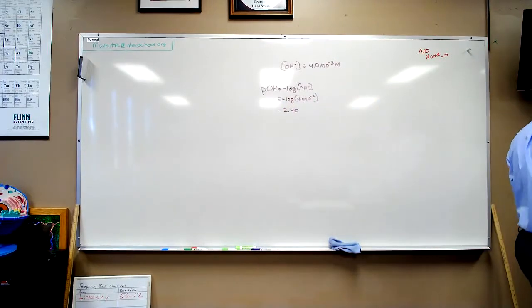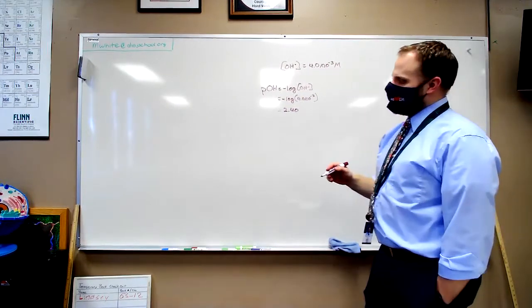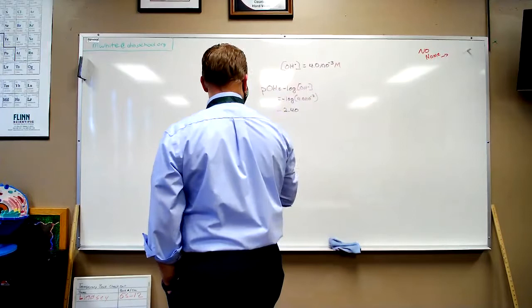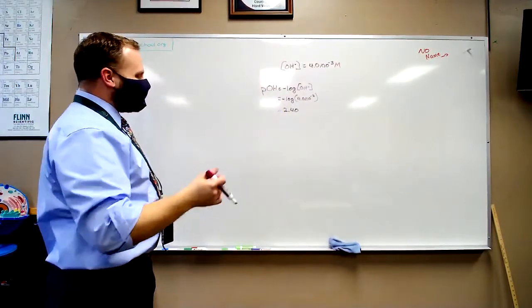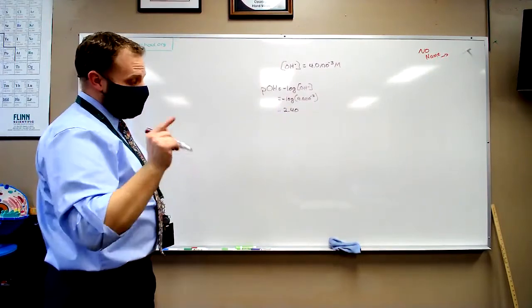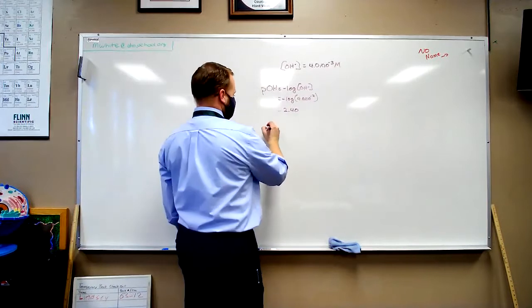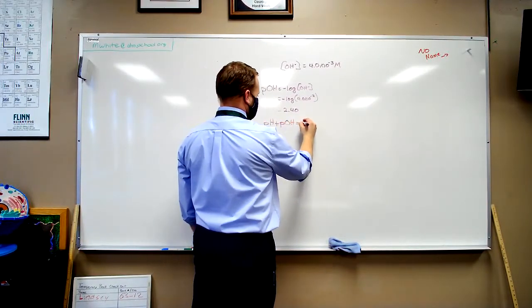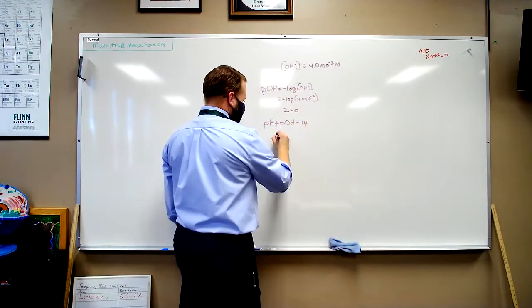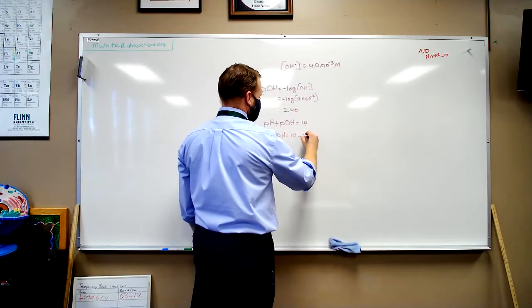Now, that is the first part. We also want to find the pH. Well, once you've got pOH, the easiest way to do it, it's not the only way to do it, but the easiest way is to say, okay, pH plus pOH equals 14. So the pH equals 14 minus pOH.